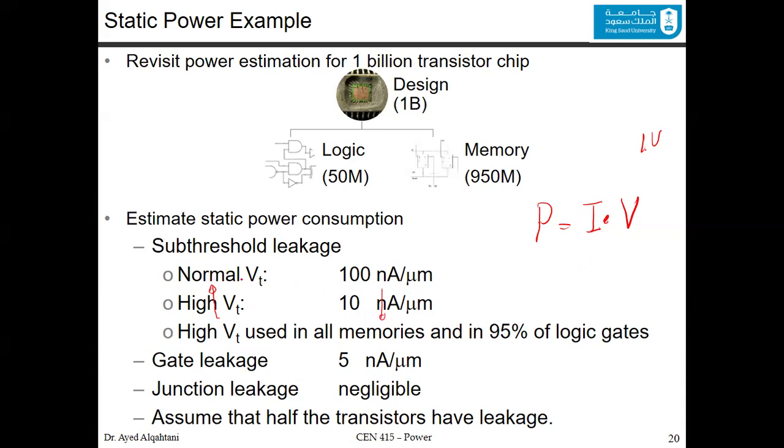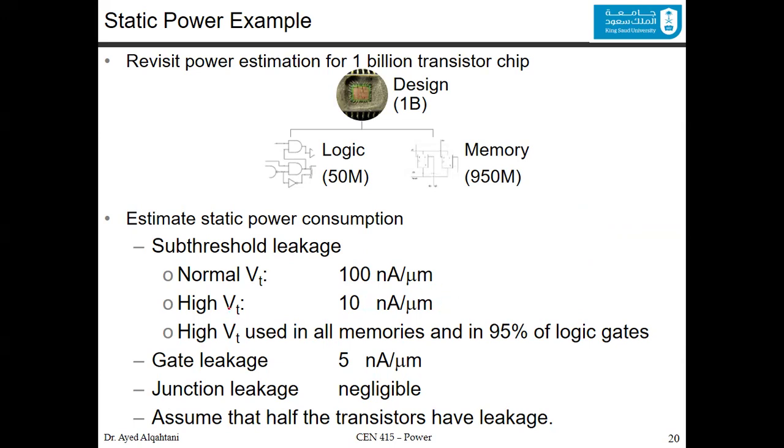If you have the normal V threshold, which is actually less than the high V threshold, then you will have higher subthreshold leakage. So you can see the relation here. It was given to you that the normal V threshold is 100 nanoampere per micrometer, and the high V threshold is 10 nanoampere per micrometer.